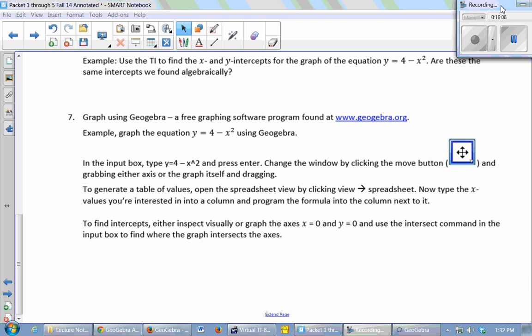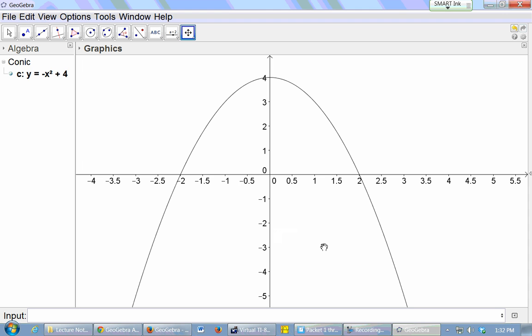Okay, so I'm going to skip generating a table of values in this for now. If you want to find x or y intercepts, you can just inspect visually, right? So when I look at this graph, I say, oh, look, it's got a y-intercept 4, x-intercepts at -2 and 2. In this one, it's really easy to tell because it goes right through integers. But if you weren't sure, you would type in the equation x equals 0.